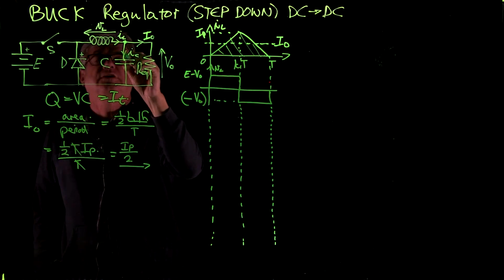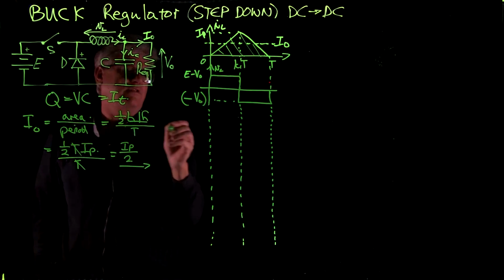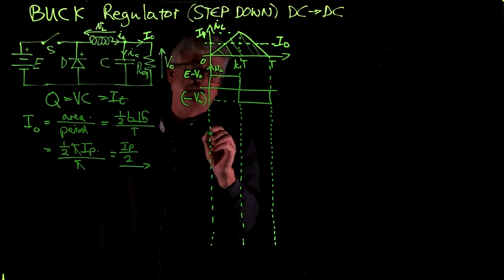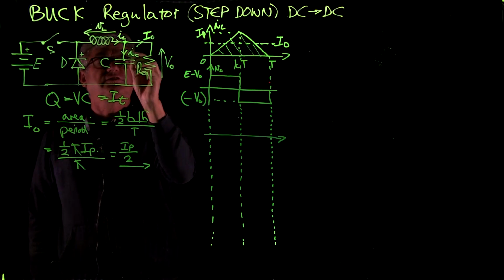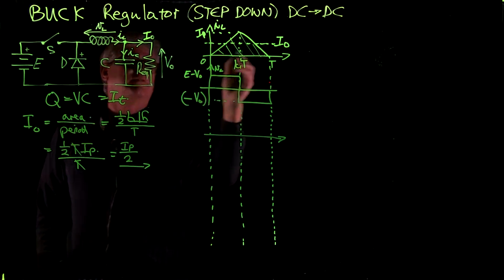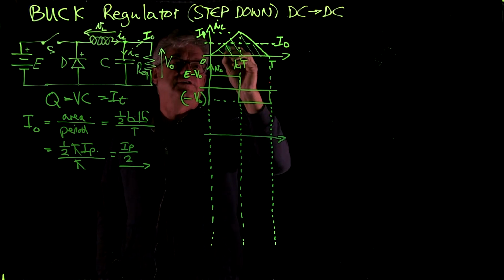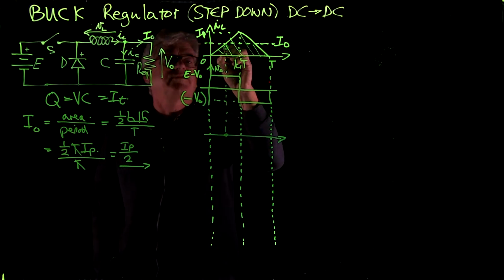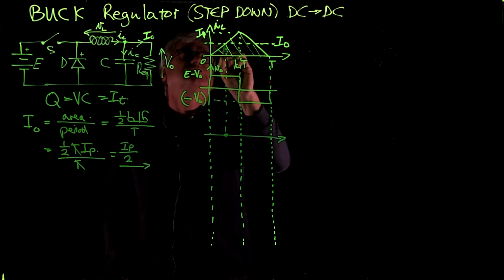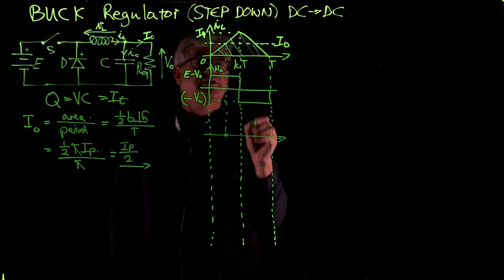Now what about IC? If I want to determine a graph for the capacitor current, then I see that IC is equal to IL minus I out. So if I subtract that value from this triangle, then I will have IC. So at that point there, I will subtract the same value from each other and at that point there. So therefore, those 2 points must be 0.